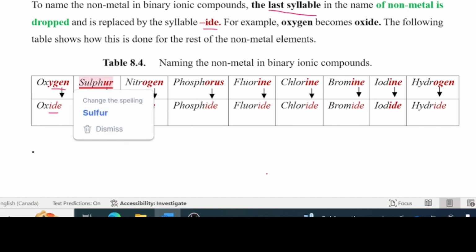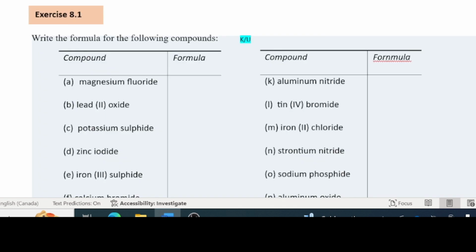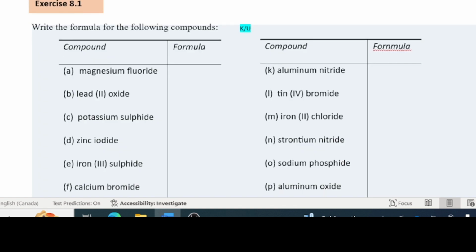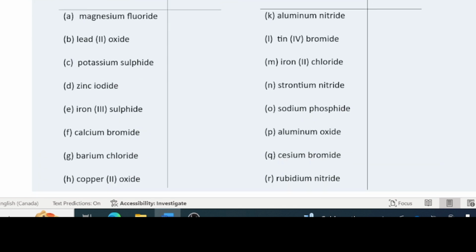Sulfur becomes sulfide. So this is how you go. Nitrogen becomes nitride, phosphorus becomes phosphide, fluorine becomes fluoride, chlorine becomes chloride, bromine becomes bromide, iodine becomes iodide, and hydrogen becomes hydride.